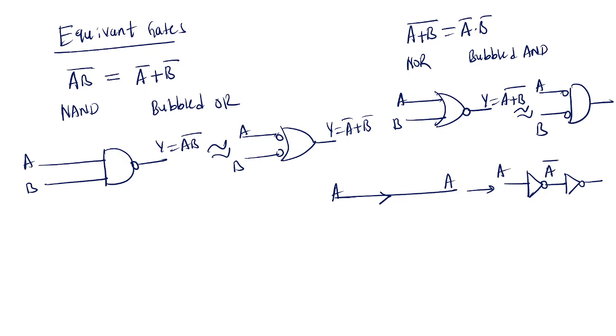Here you are getting A bar whole bar, which equals A. Did you understand how we are doing equivalent gates?